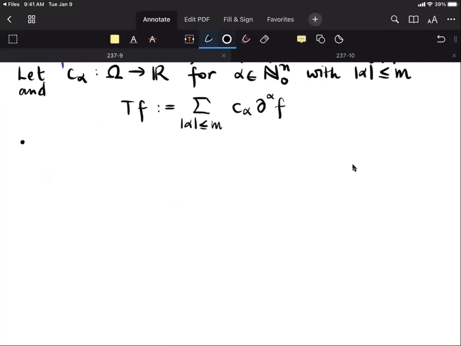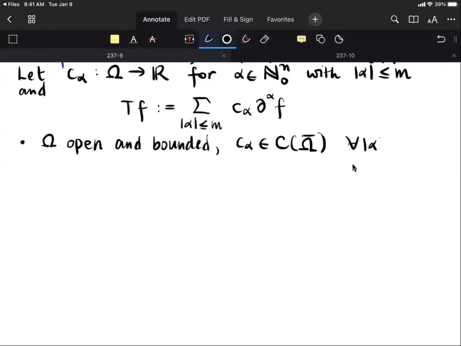First, if omega is open and bounded, and C alpha is continuous for any multi-index alpha of length at most m, then T would be a bounded linear operator from Cm, that's the highest degree, into C bar.